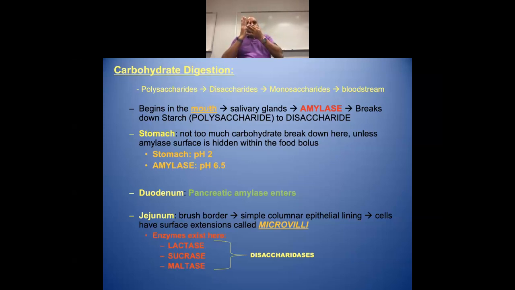In the jejunum, you have villi, and on them are little hairs, the microvilli. Between the microvilli are the brush border enzymes. Like a hairbrush, is what they're trying to say it looks like. You'll see stuck in there your lactase, sucrase, and maltase to break down lactose, sucrose, and maltose.